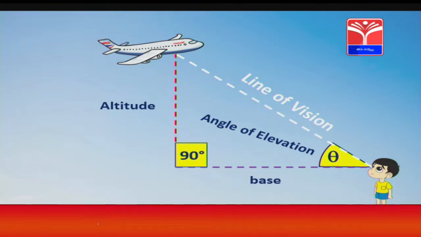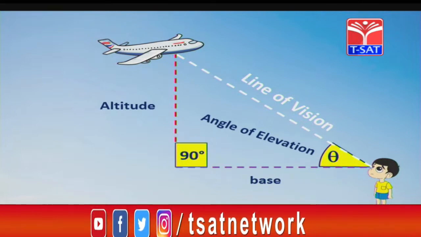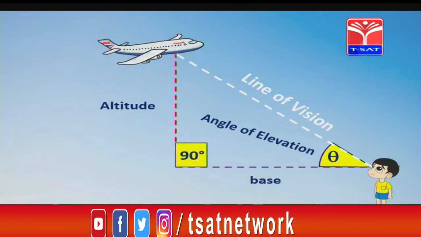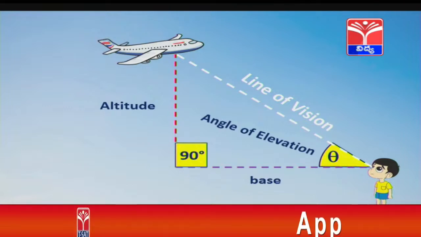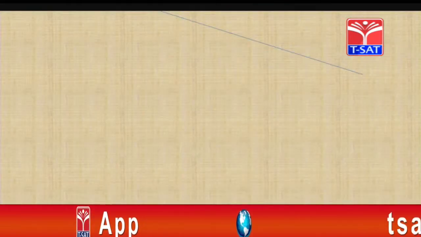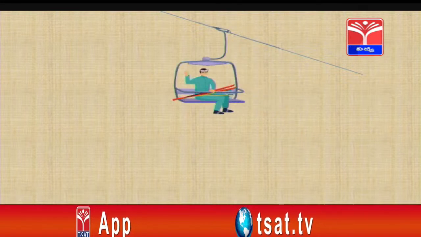Suppose instead of this, a person is somewhere on a height or at some altitude and is supposed to watch children or somebody else down. How does he watch? Let us discuss. Let us think this is a cable, on which a person is traveling or moving.